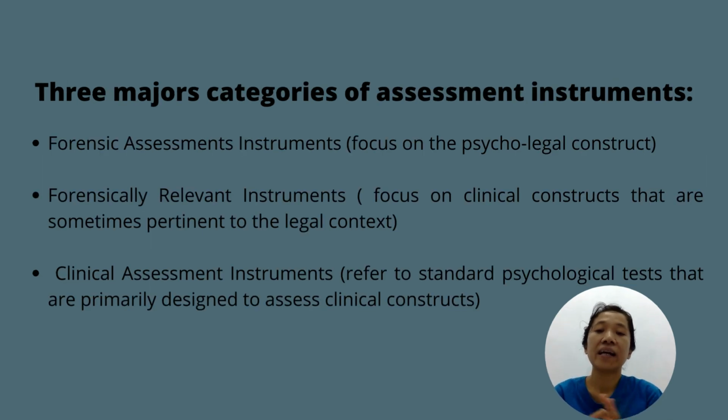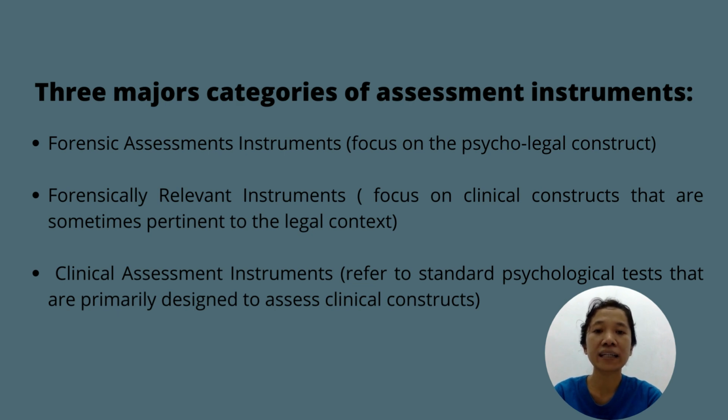There are three major types of instruments in forensic assessments. First is forensic assessment instruments. Second is forensically relevant instruments. And the third is clinical assessment instruments. Forensic assessment instruments focus on psycholegal constructs, and forensically relevant instruments focus on clinical constructs that are sometimes pertinent to legal contexts.